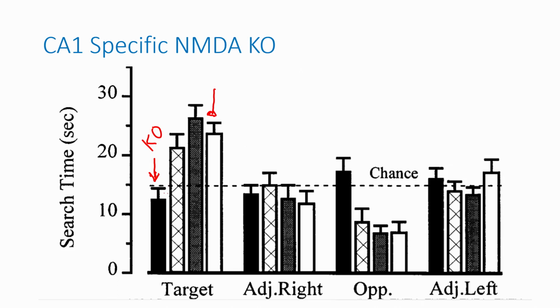In fact, they search in all the quadrants almost with equal probability, just at chance level, compared to the controls, where they specifically search in the target quadrant. This is significantly more compared to the rest of the quadrants, and that is again proof that these animals, when you knock out NMDA receptors specifically in the CA1 region, are unable to form a memory of where the platform is located.